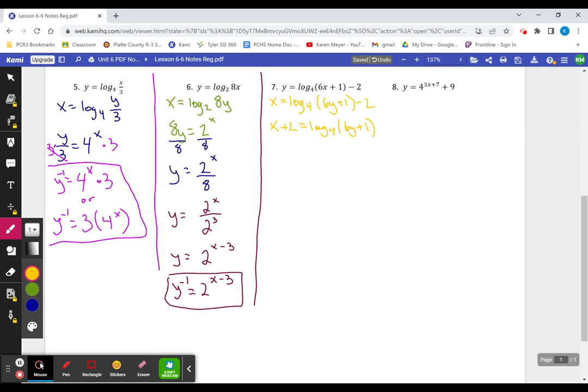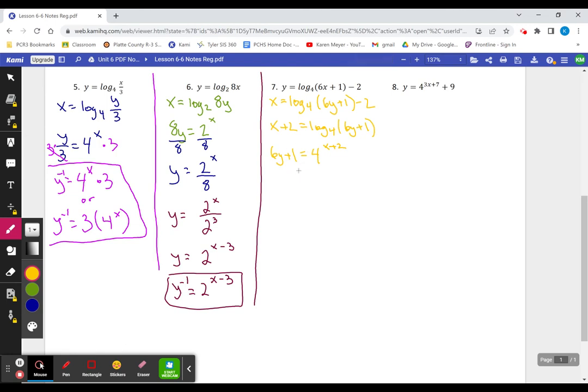Now that we got the log parentheses part all by itself, let's go ahead and rewrite it into exponential form. So 6y plus 1 equals base, which is 4, raised to the x, which is x plus 2. All right, so now let's work on getting y by itself.